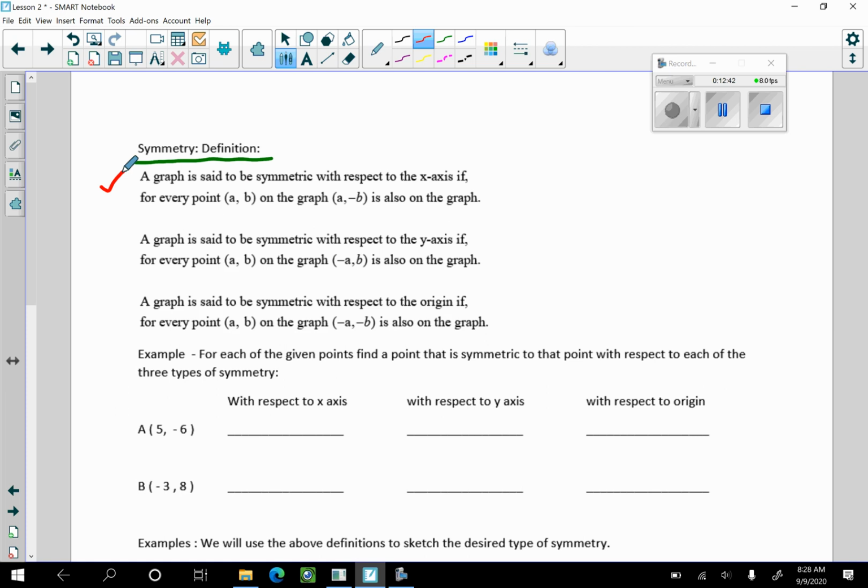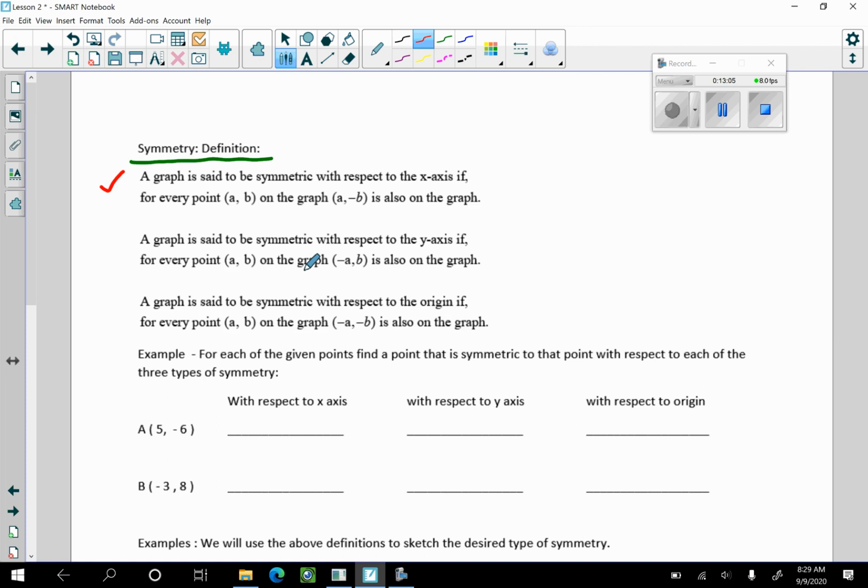Okay, a graph is said to be symmetric with respect to the y-axis, reflection over the y. Symmetric with respect to the x is a reflection over the x, and symmetric with respect to the y is a reflection over the y-axis.